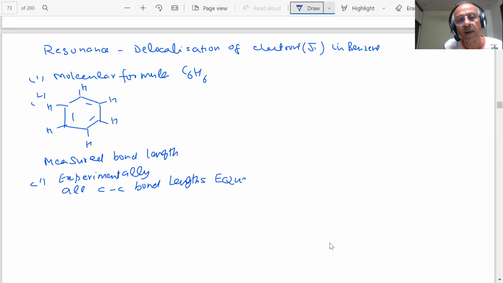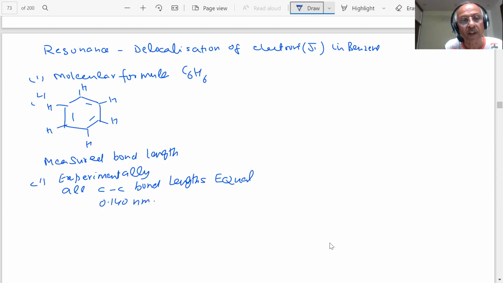Now, how will we explain this? According to the Kekulé structure, one is a double bond, and a double bond is shorter than a single bond. So there should be 2 bond lengths, one bigger and one smaller. But all the bond lengths measured were equal, 0.140 nanometer.